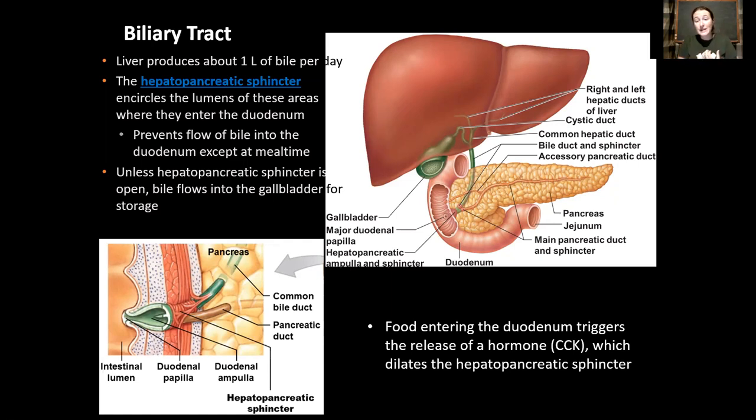They're not physically interacting with it, but their secretions are going to facilitate the digestion. And they do that by releasing these fluids into the duodenum when the hepatopancreatic sphincter is relaxed. Okay. Also, the walls of the gallbladder are muscular, and so we actually get a lot of bile released when we have lipid-rich food in our diet.